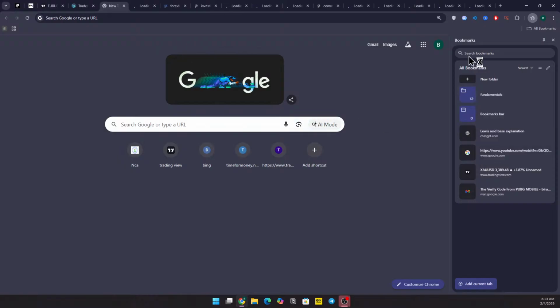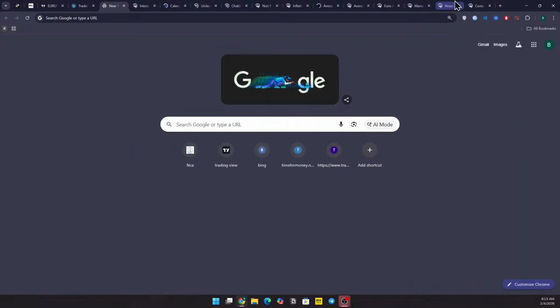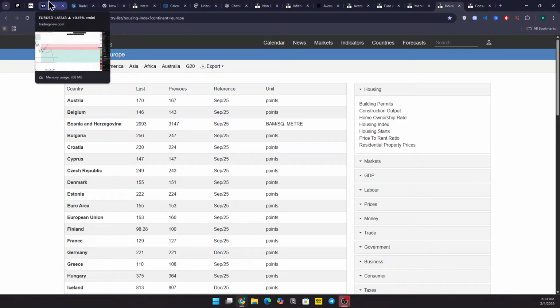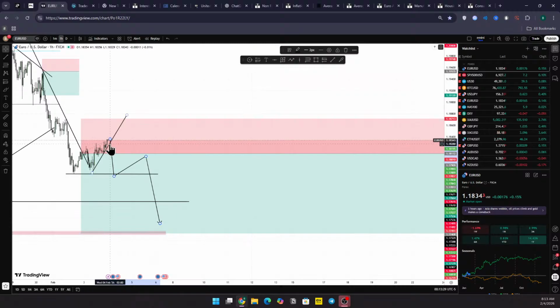So I've already gone through the fundamentals and the bias is very bearish. When I compare US data to Euro data, there was a big difference. That means the market is going to go very bearish.